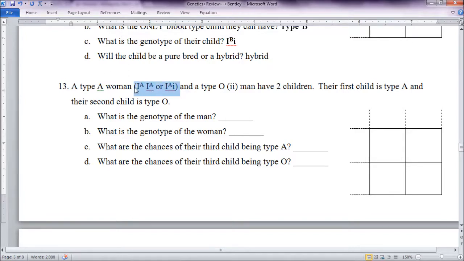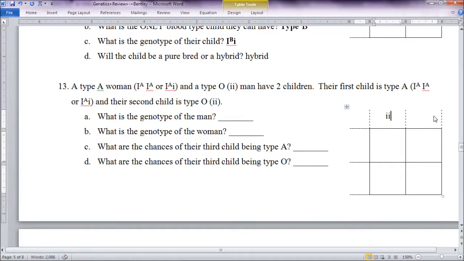So a type A child and type O would have to be this. However, when you think about it, the only way this could happen, where the first child gets 2 copies of type A, would be if both parents had type A, which they didn't.